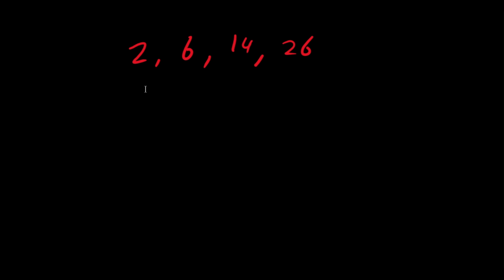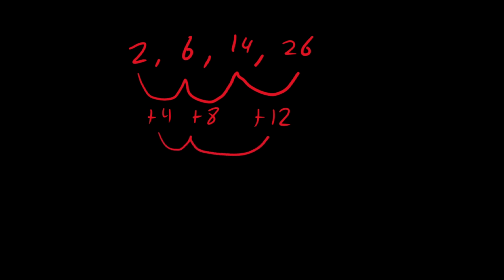Okay, so what is the first difference in this sequence? So first you add 4, then you add 8, then you add 12. So this is the first difference. Then what's the second difference? Add 4, add 4.